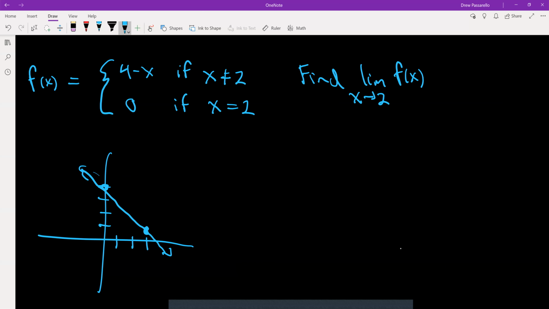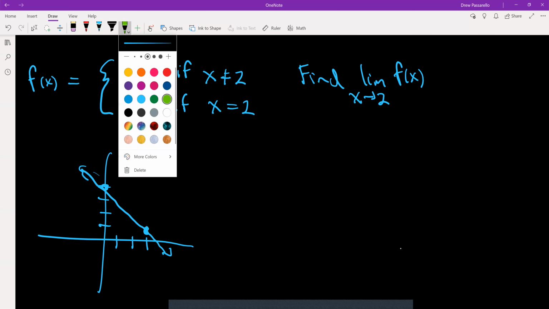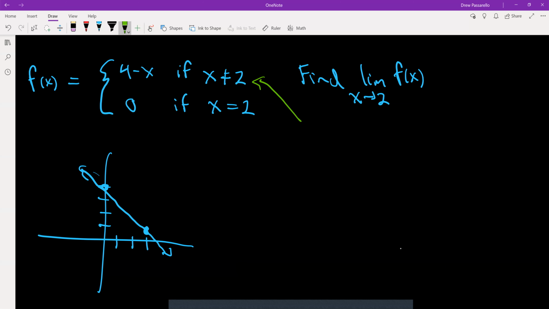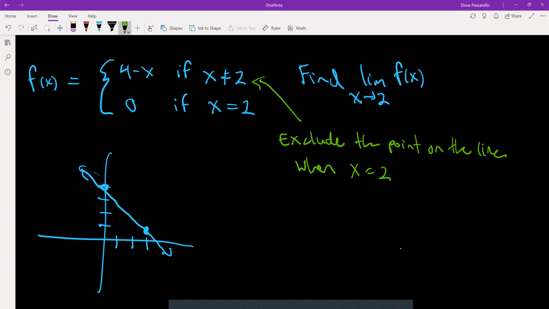Now because this is a piecewise function, I need to exclude the point on the line when x is 2 because x can't be 2. So I'm going to have a hole at that point.